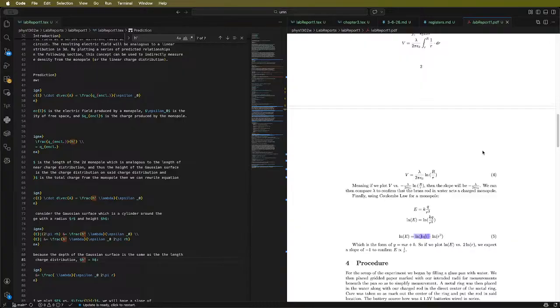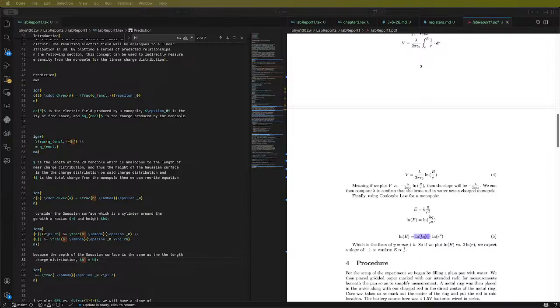ln E versus 2 ln r. Expect slope of -1. What if we just did E versus ln r squared, maybe?